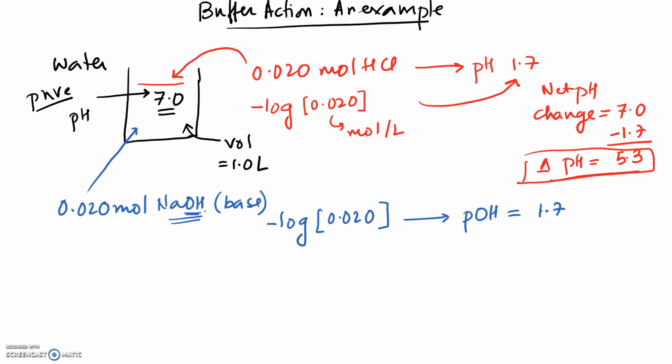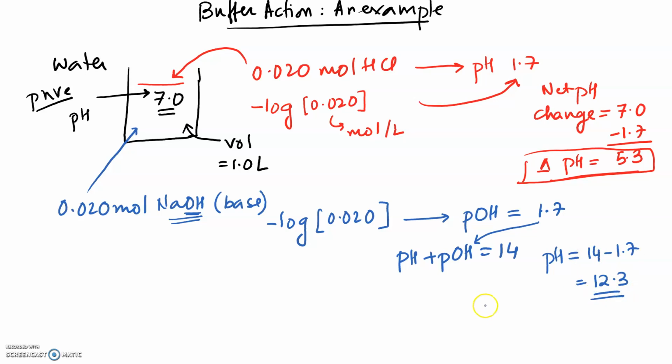And then from there, we can back into the pH by using the relationship pH plus pOH is equal to 14. And so if you plug 1.7 in here, then pH comes out to be 14 minus 1.7, which is 12.3. So therefore, the net change of the pH when you add sodium hydroxide, which is a strong base, to water, will be 12.3 minus 7.0, which was the pH of water, which ends up being 5.3.